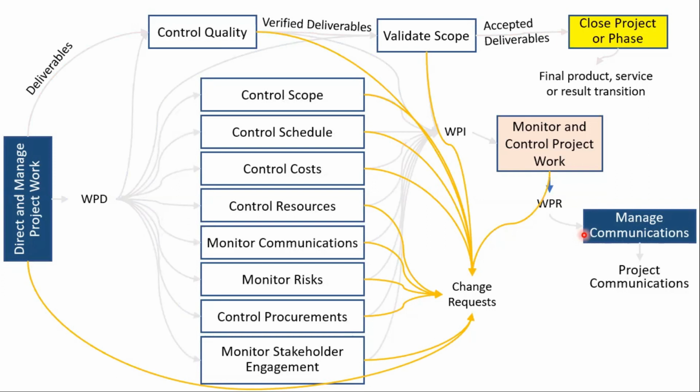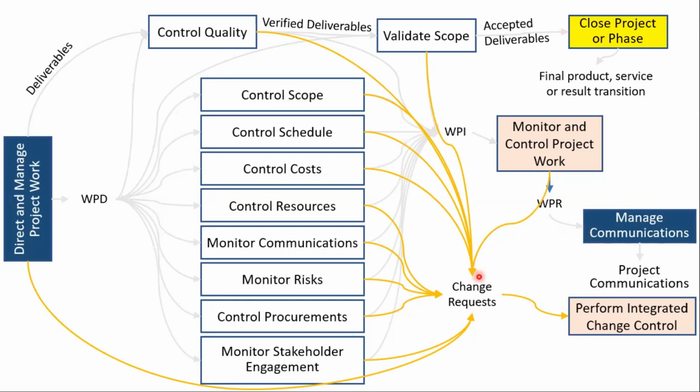Now, if I receive a change request, what should I do? That is the next question, right? These processes are generating change requests. What should I do next? The next thing is I need to send it to a process called perform integrated change control. Once again, this is a process that belongs to integration management and within the monitoring and controlling process group.